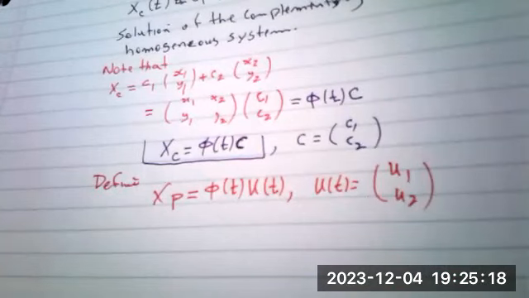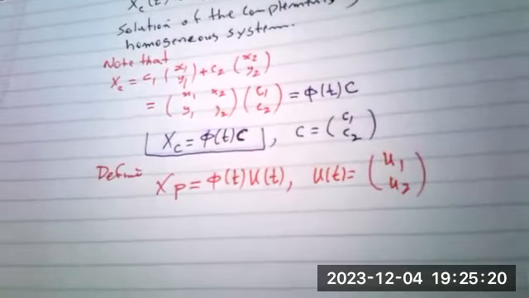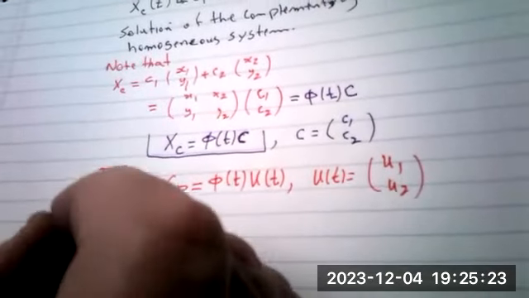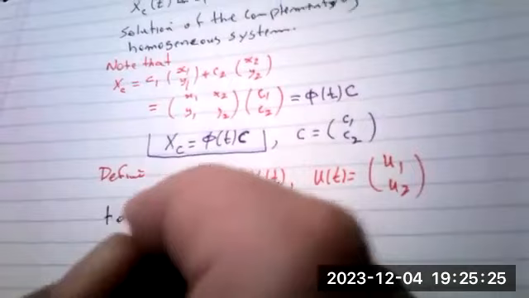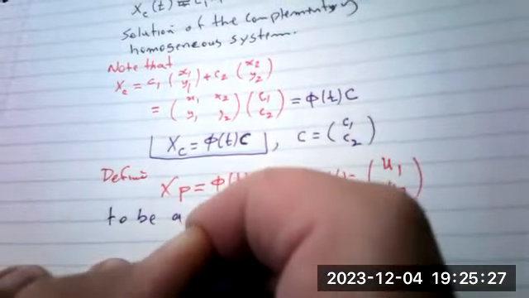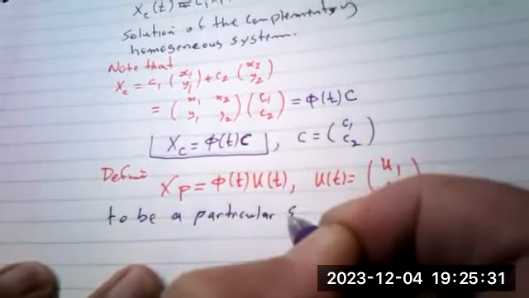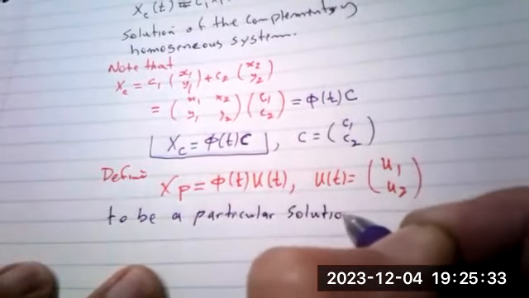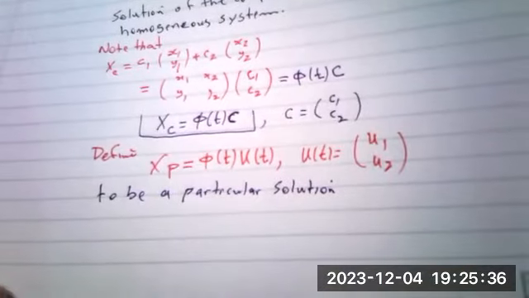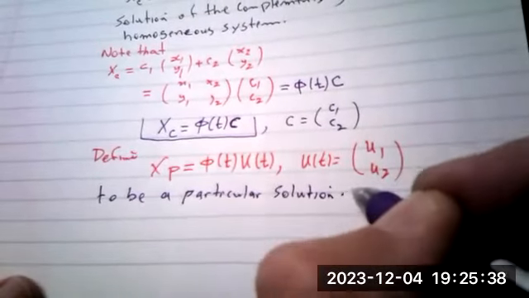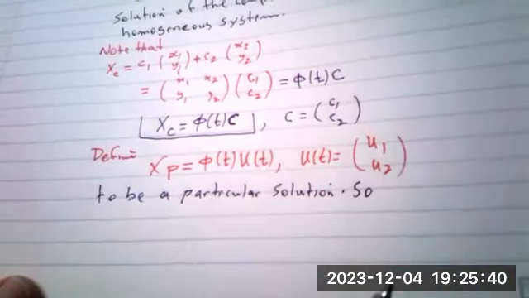So let's do it. Define this to be the particular solution of the system. If it is going to be a particular solution, it must satisfy the system.